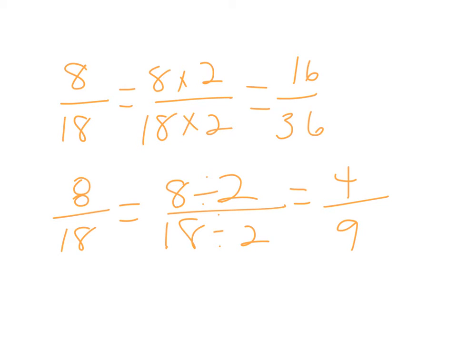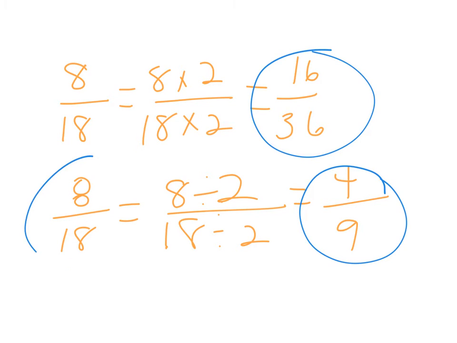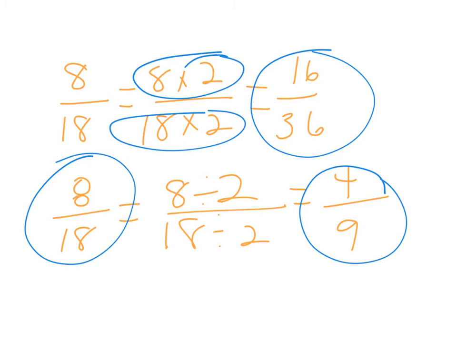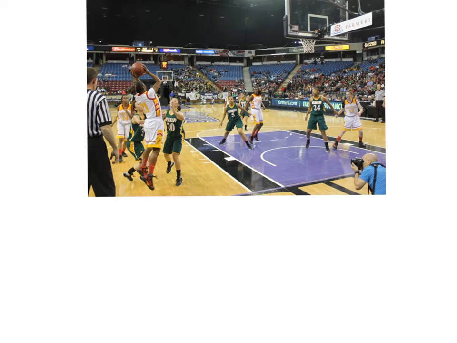And now we have equivalent fractions. So we multiplied by 2 and we divided by 2, and it stayed the same. And you could keep going. It doesn't matter as long as you do the same thing to the top and the bottom with the same number. You're not really changing the fraction.